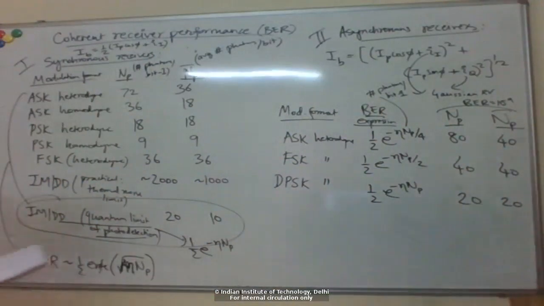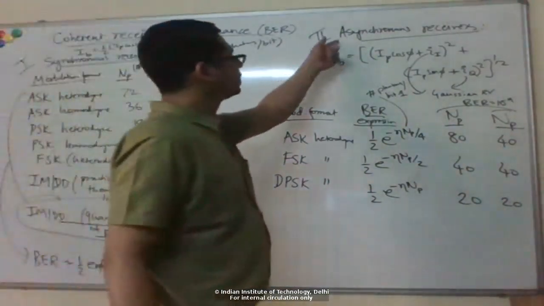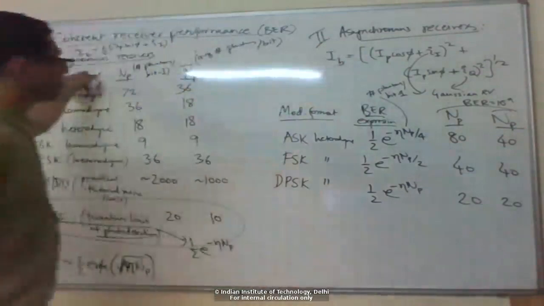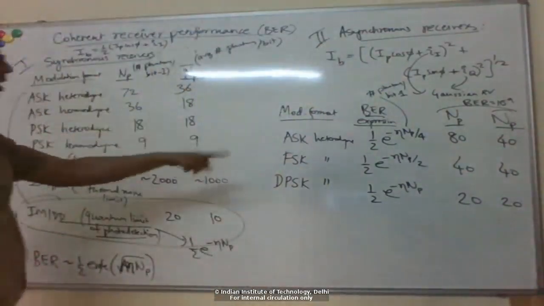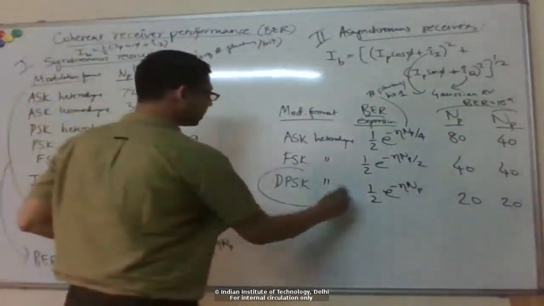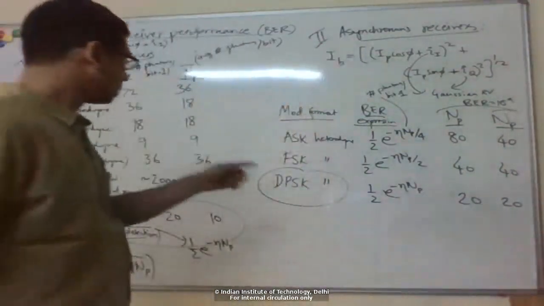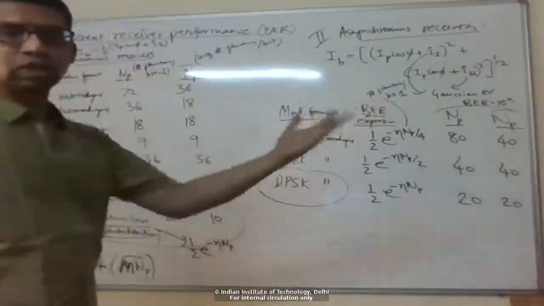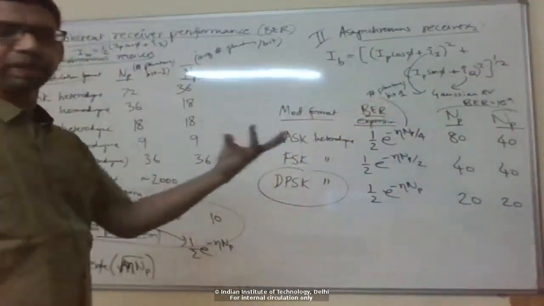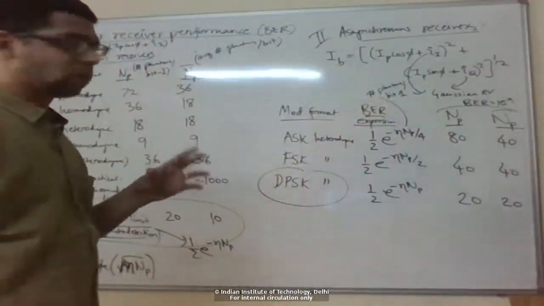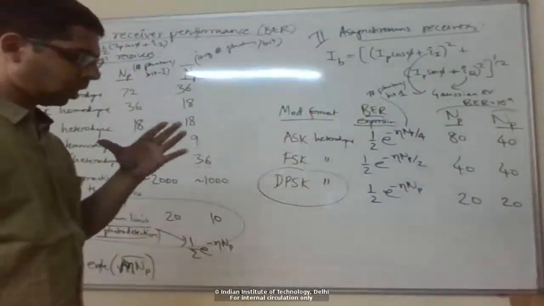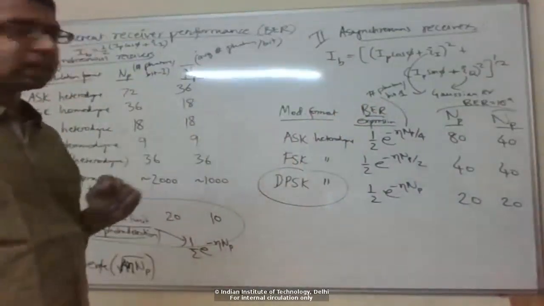Okay, so you can see that with asynchronous receivers also, which are much simpler to implement, recall, compared to synchronous, you can get good performance. For example, this DPSK asynchronous is quite simple to implement, right? Because you don't need very good phase noise in the transmitter. You just need phase coherence to be more than at least 2-bit duration.